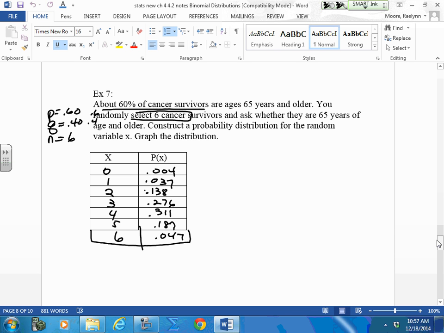Because this is, again, your probability distribution function, we graph it just like we did your probability graphs a couple of days ago. We use your XY axis, we give it a title. We give it an X value and a P of X.